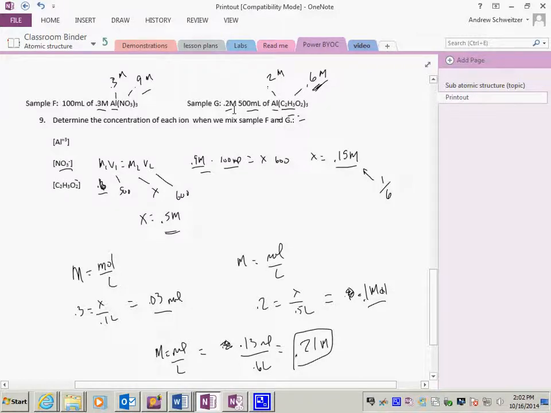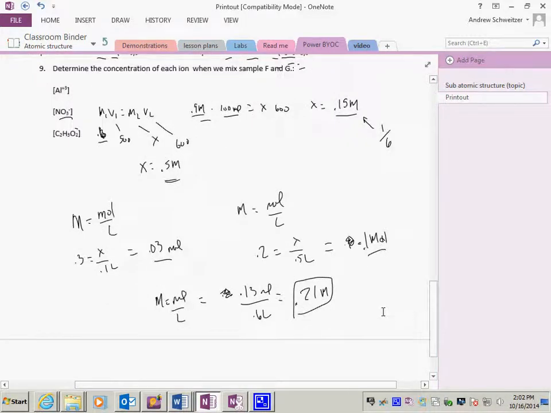I guess you could get below 0.2 if you had large enough volumes of dilution, but in this case, 0.2 and 0.3 are both above 0.2, so that's the floor. My ending concentration is closer to 0.2 because I have more volume of that concentration.